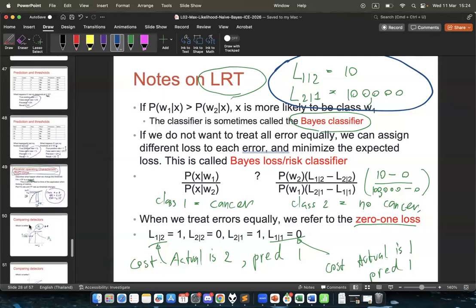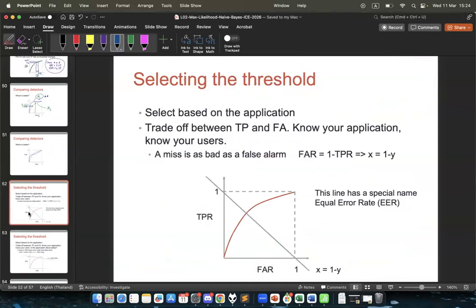The simplest one is a cost of a miss: given a positive class, it answers 0. This is a miss. And a false alarm is given a negative, you answer positive.